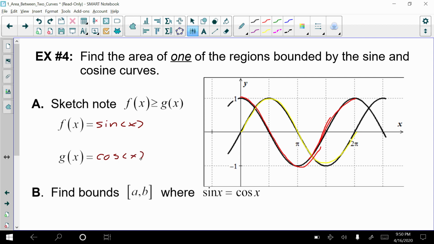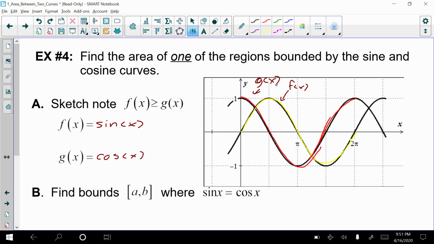It's very easy to manipulate one function to become another function. They're essentially the same thing, just slightly out of phase with one another. So here, the yellow function is your f of x, and the red one is the g of x.